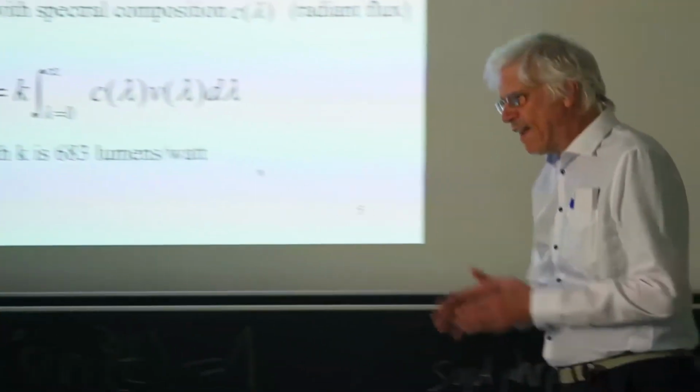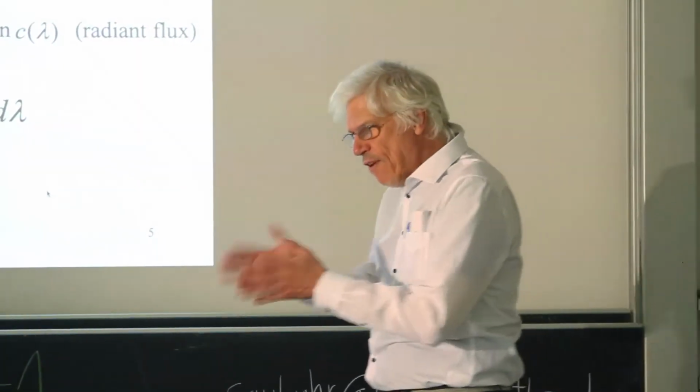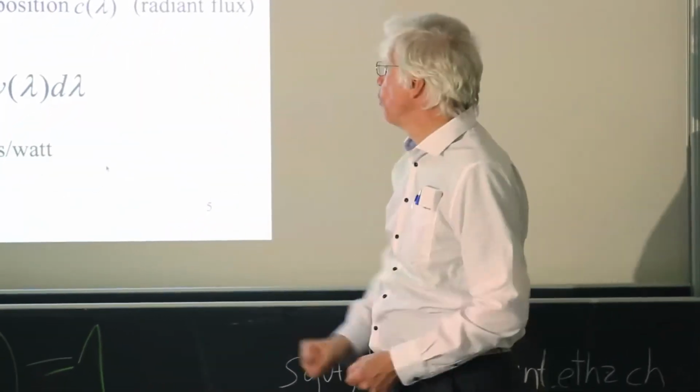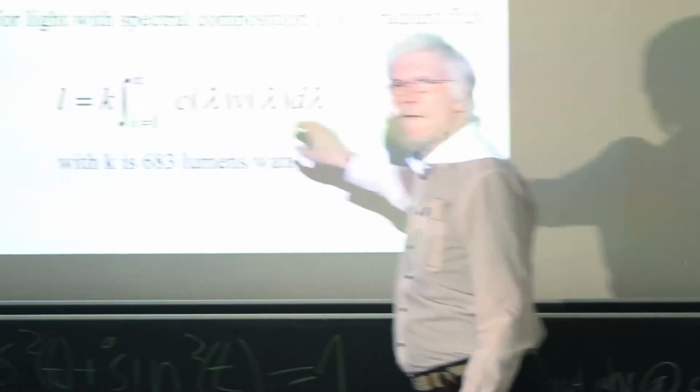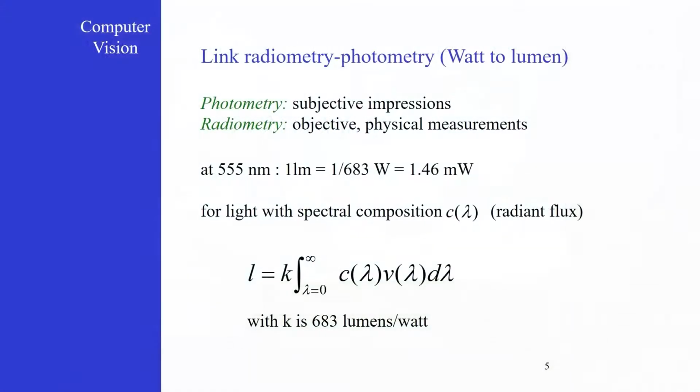So we, in fact, decompose the calculation for every single wavelength and then put everything together again in this linear fashion. All right, that as a short note on photometry, we won't say more about it.